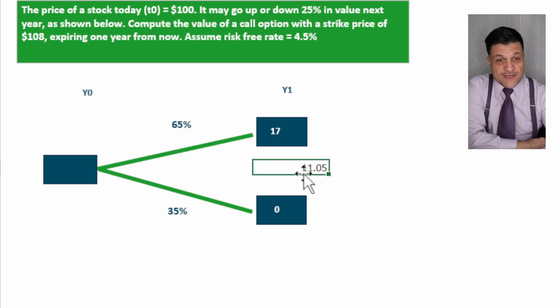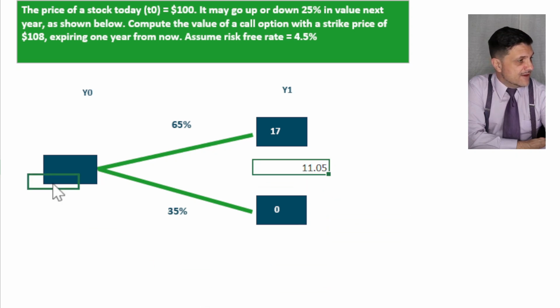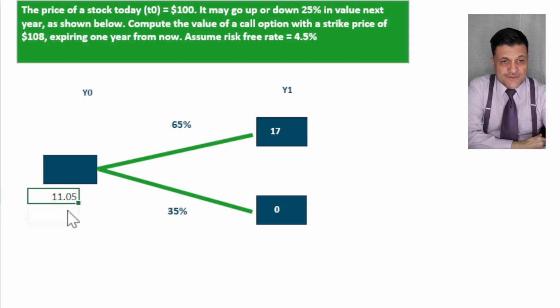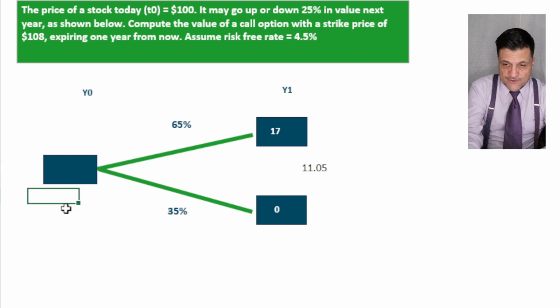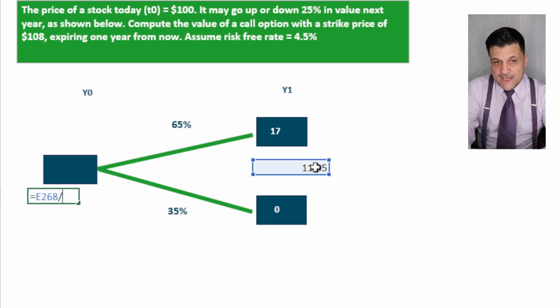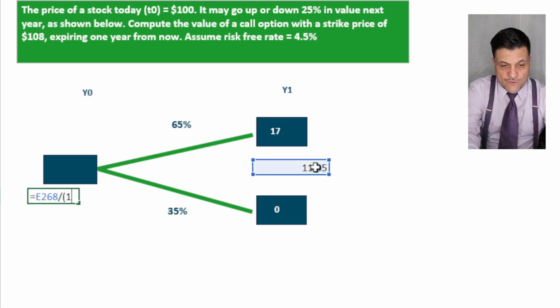The question is, what is the price of the option at year 0? It's not 11.05, right? You have to discount that amount to figure out what is the value of that number today. So what you do is you take the price 1 year from now, and you divide it by 1 plus the interest rate, which is 4.5%.